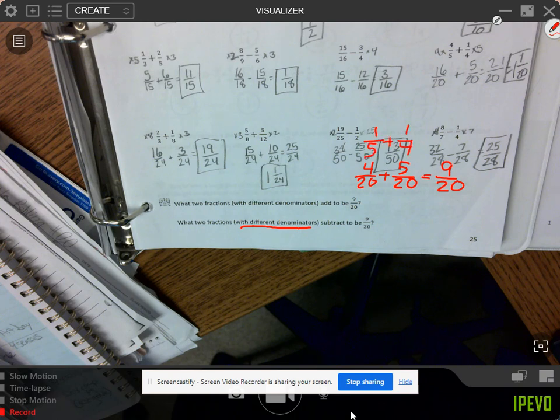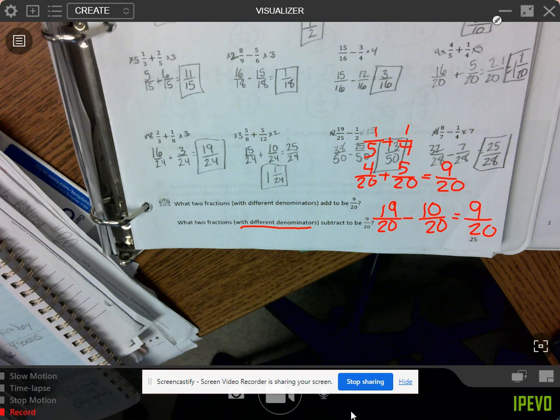Let's see, Dom, what did you have if you kept your denominator as 20? What did you have? What subtracted by what? So what did you have as the numerators? 19/20 minus 10/20 equals 9/20.